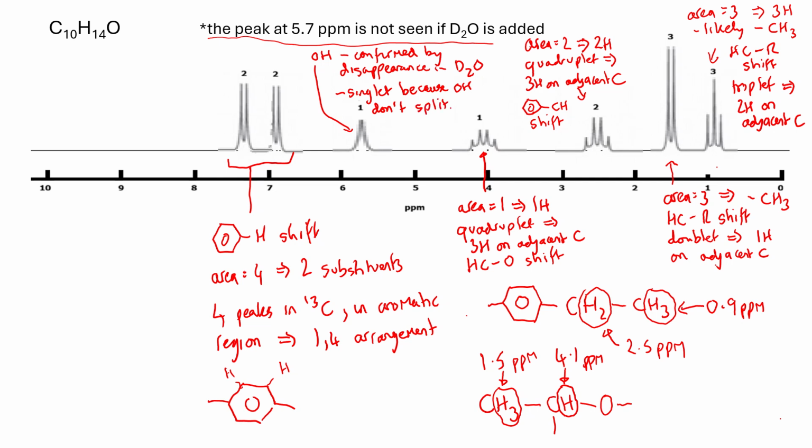But that fits in with there being an OH in the molecule, and since we've got an oxygen there, we know there was something attached to it, we can say, oh yeah, that's an OH. And we can note that OH gives the peak at 5.7 ppm.